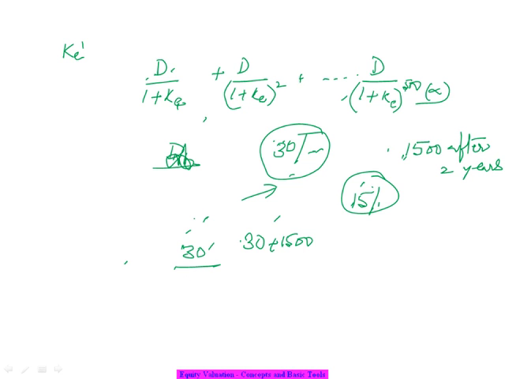You can find out the NPV of these two things: CF1 is 30, the cash flow you get after 1 year, and CF2 is 1530, the cash you get after 2 years. At the interest rate of 15%, find out the NPV, and whatever the NPV comes to, that is the intrinsic value of that particular investment.